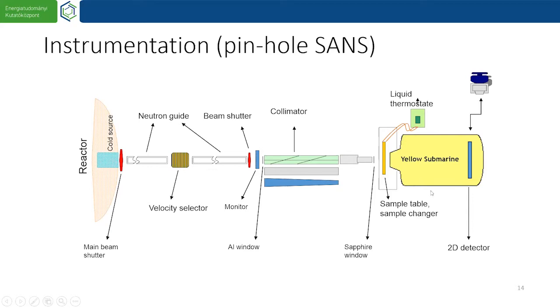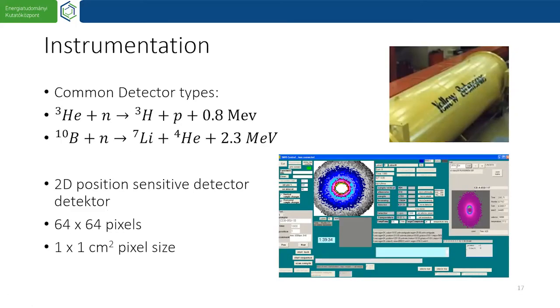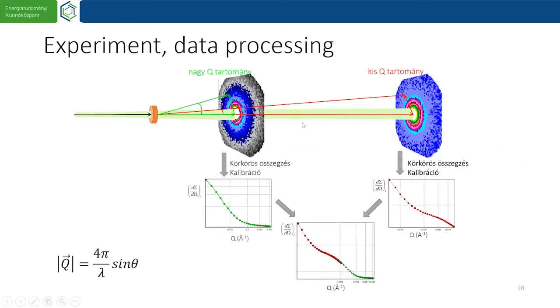We usually call these two typical settings the high Q setting and the low Q setting. The high Q setting is when the detector is close to the sample. This is the sample. And the low Q setting is where the detector is far away. And what do we need? We need to measure over as big a Q range as possible.